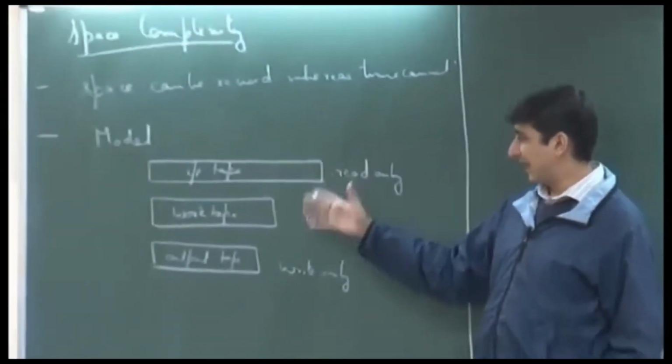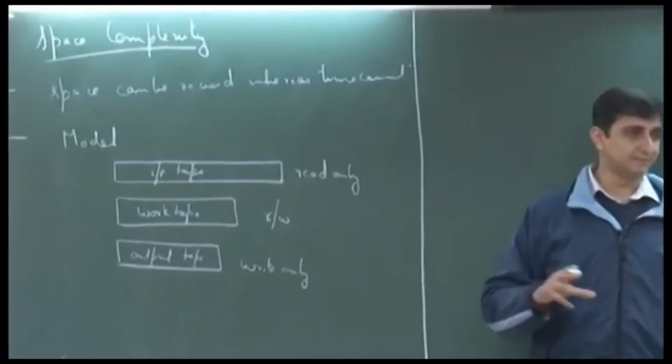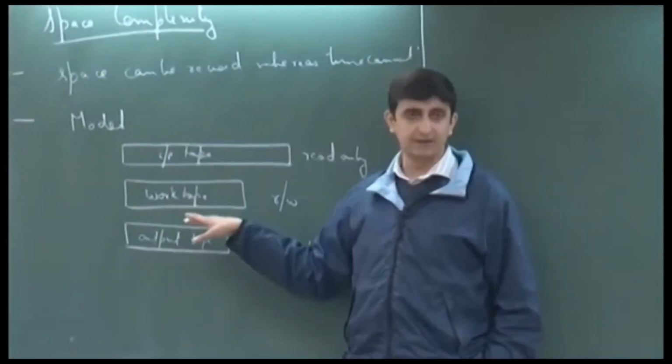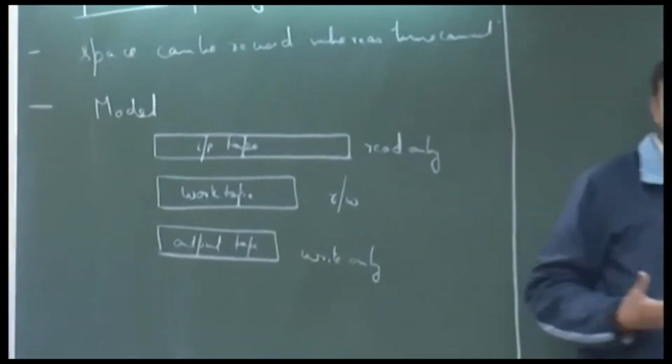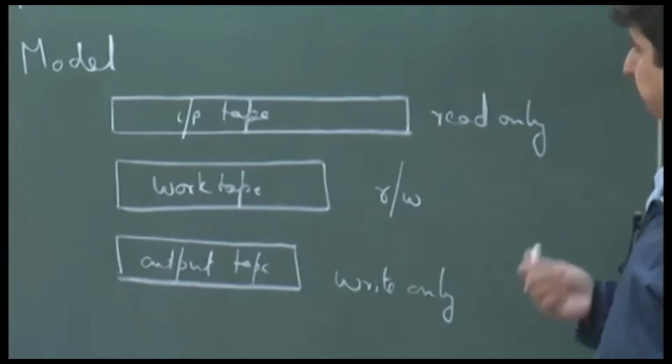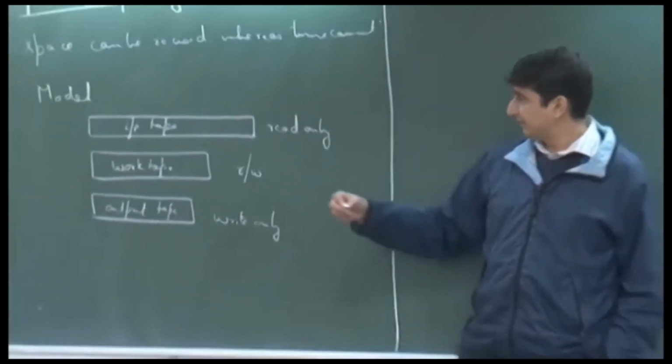Do we count the input tape, work tape and output tape, or some subset of them? Clearly we do need to count the work tape, because that is where we are performing our computations. So, that needs to be counted.